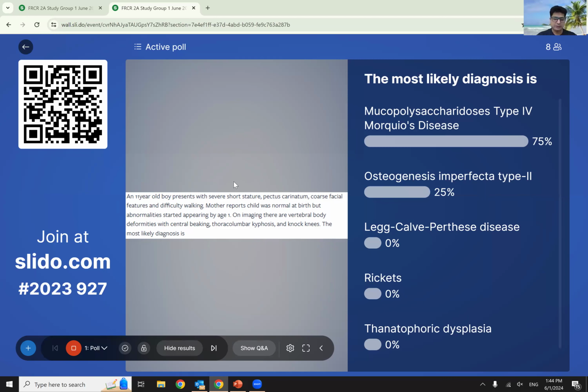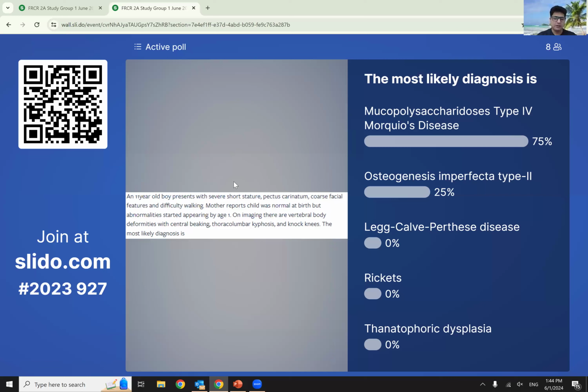This is the point I was trying to make: if we give you an unusual presentation, there will be enough clues, because one of the targets we were given is that once candidates read the stem, they should be able to get to the answer.